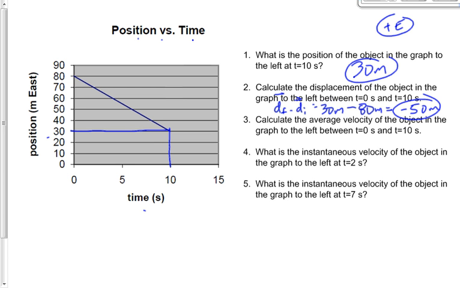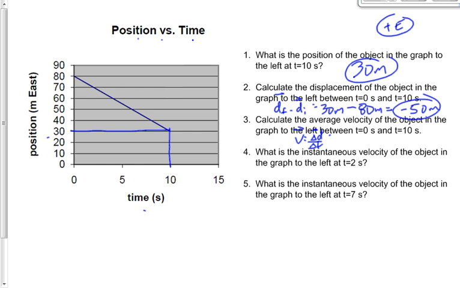The average velocity between 0 and 10 seconds. Who would rather find this by calculating the slope? Okay, who would rather find this by using v is equal to delta d over delta t? Okay, it's about 50-50. This time we'll go with delta d over delta t. But if you want to go with slope, you go ahead. Same thing, really.